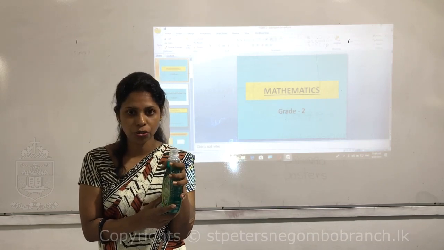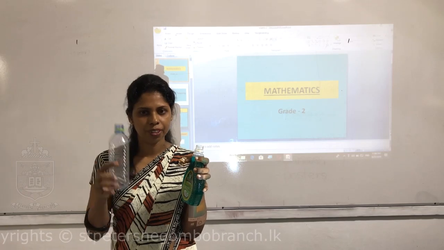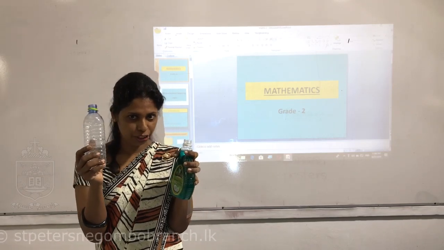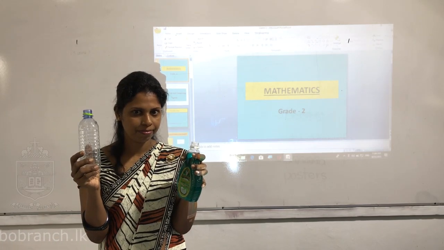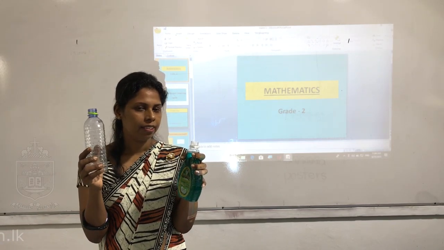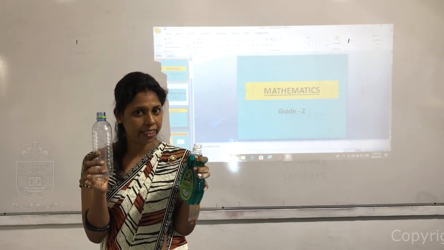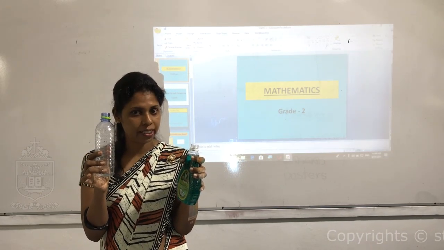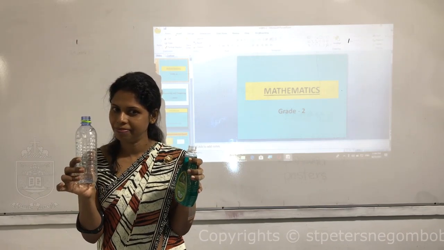And I'm going to show you another bottle. Look at this bottle. What can you say about this bottle? Shape is different, but we'll check the size. We'll check the capacity of this bottle.